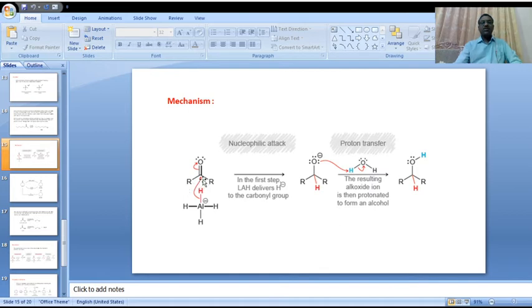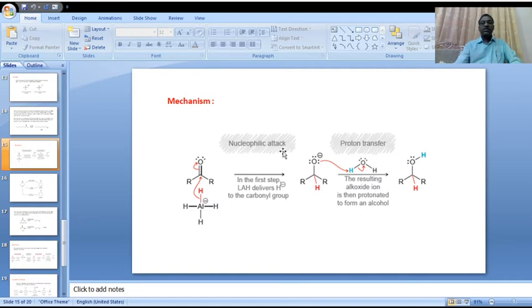Carbonyl carbon. Immediately, the pi bond between carbon and oxygen cleaves when the nucleophile attacks. This first step is named nucleophilic attack.